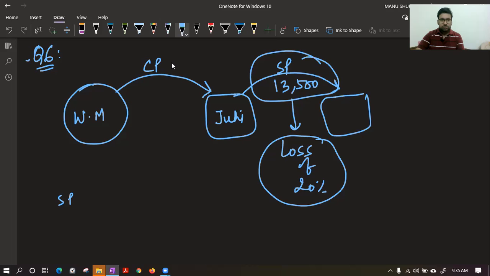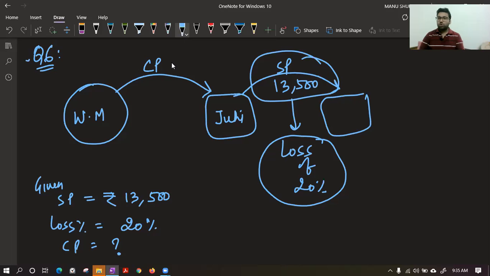Given to us, SP is rupees 13,500 and loss percentage is given to us as 20%. CP is missing. So can we directly start like this or we have to assume something? Please tell.